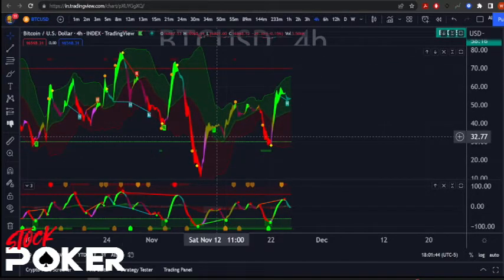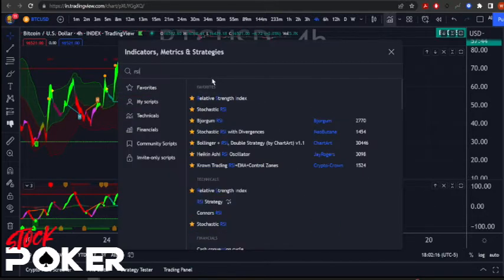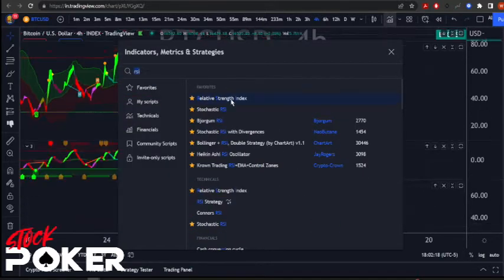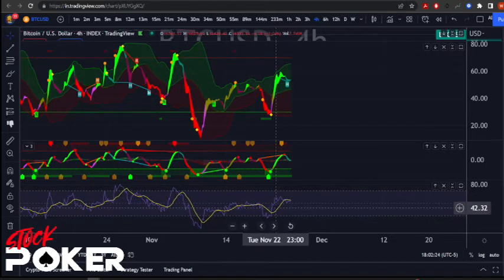If you're a fan of momentum indicators, such as QQE, stochastic RSI, MACD, RSI, momentum index, even the RVI, relative vigor index, they're all great indicators, but they all look a little bit like this.